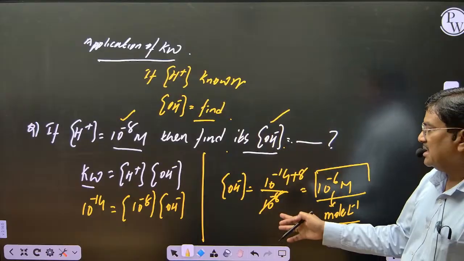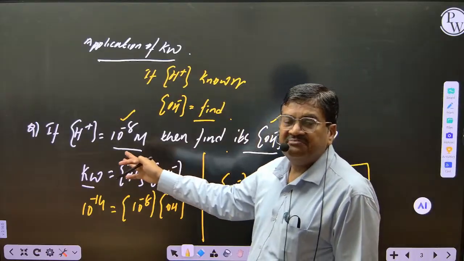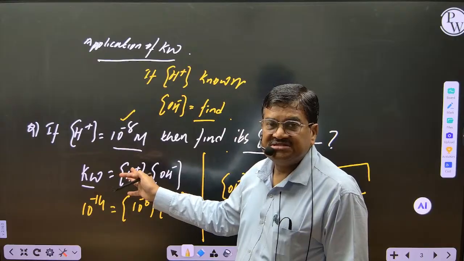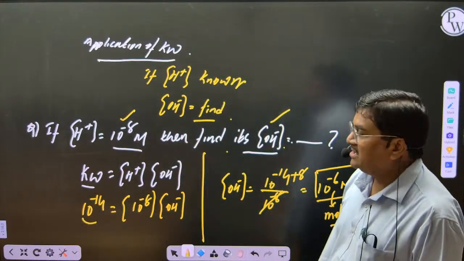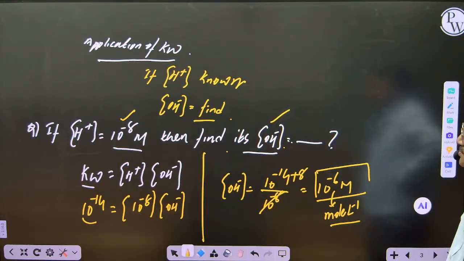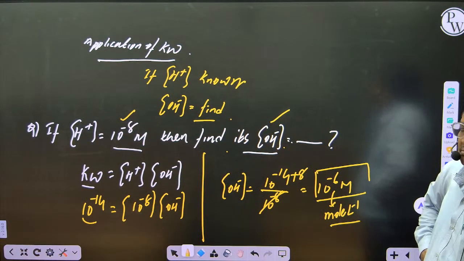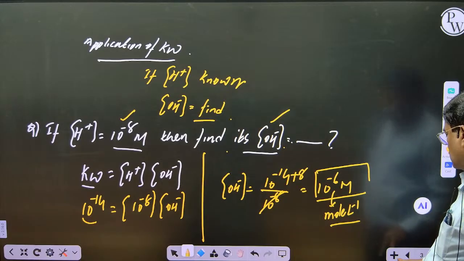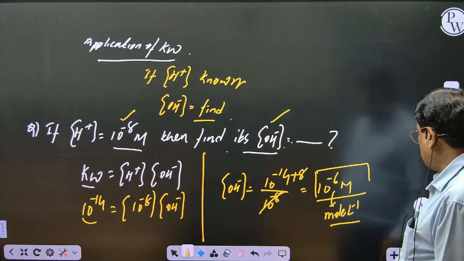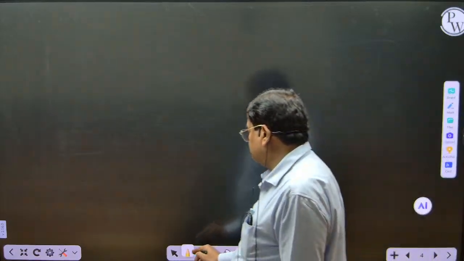So what do we take? The Kw value. When they don't mention temperature, go by 25 degrees Celsius. At 25 degrees centigrade, the Kw value is 10 power minus 14. Clear, understood?